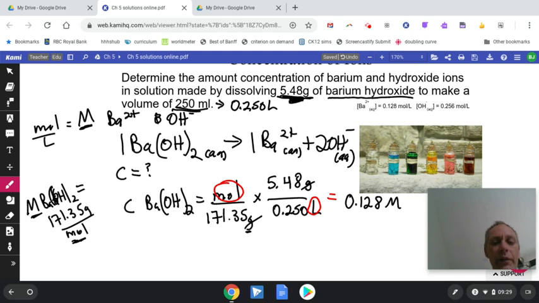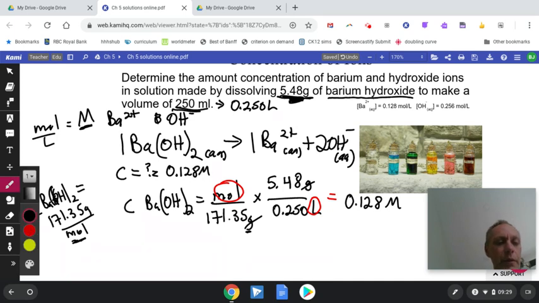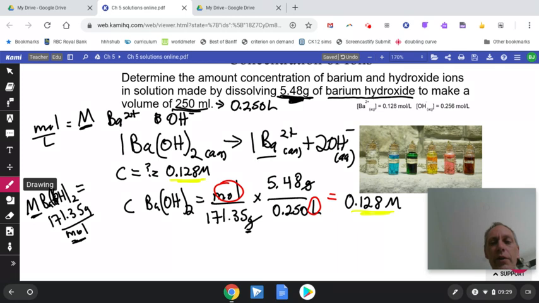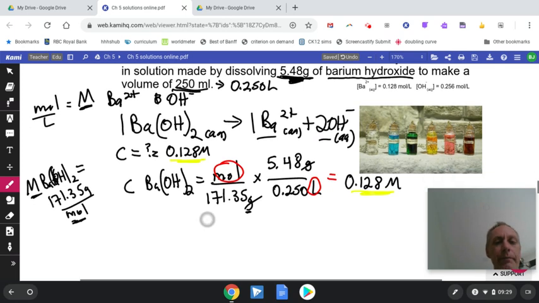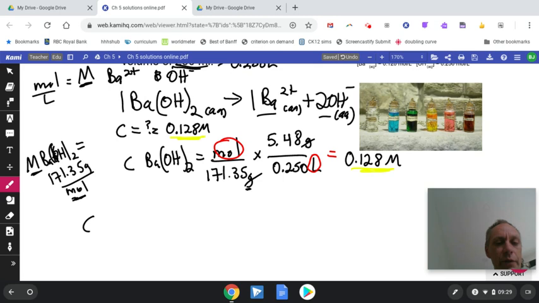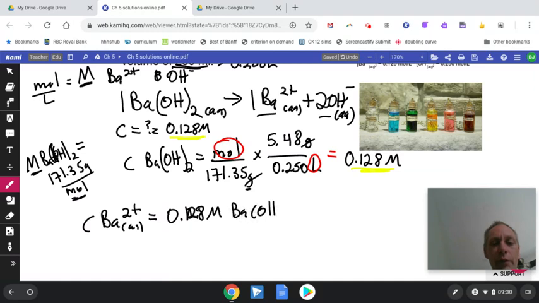Okay, so now the question is just like the other ones. We now have this concentration, 0.128 moles per liter. So now we can figure out the concentration of the two ions pretty quickly. Concentration of Ba2+ is, we start with what we know, 0.128 moles per liter of Ba(OH)2, times, what are we looking for?